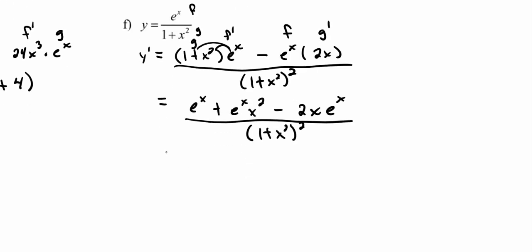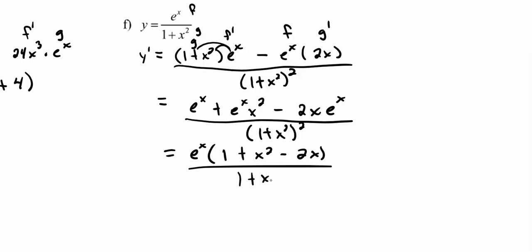Okay, and then now I'll factor out my e to the power of x, and we've got 1 plus x squared minus 2x all over 1 plus x squared squared.